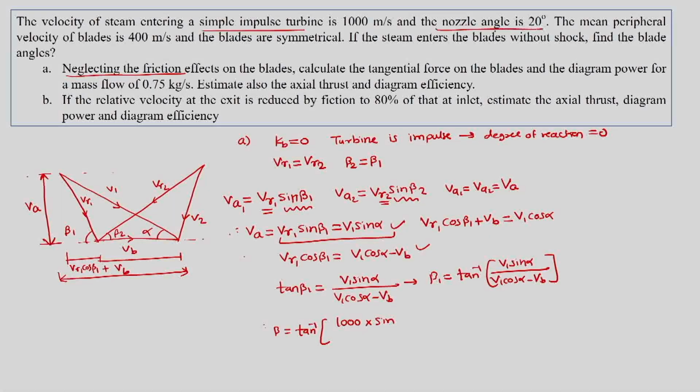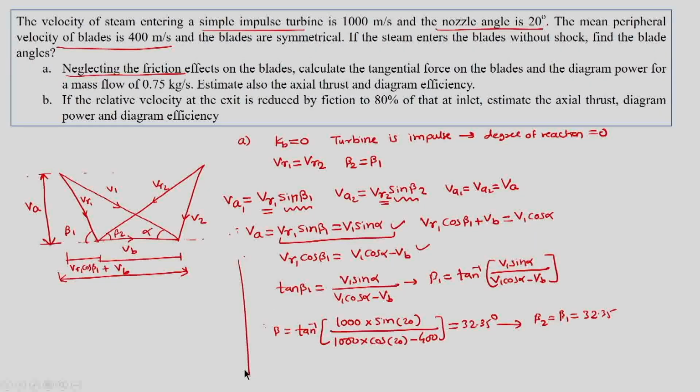Nozzle angle is 20 degree, divided by 1000 into cos of 20 minus Vb, given as 400. So this beta turns out to be 32.35 degree, and since blades are symmetrical, beta 2 is equal to beta 1 is equal to 32.35 degree. So we found out the angle.